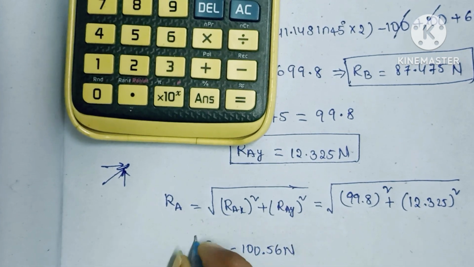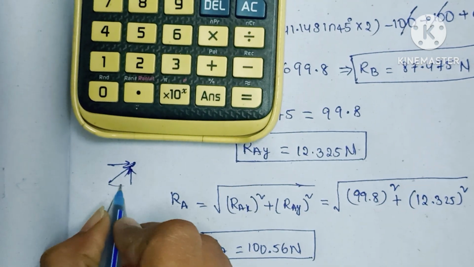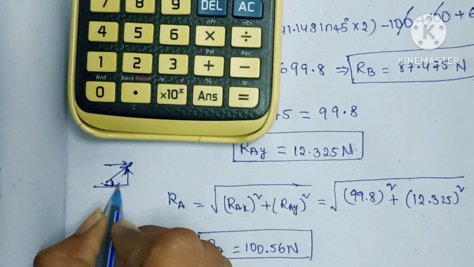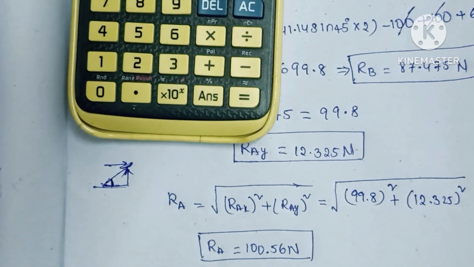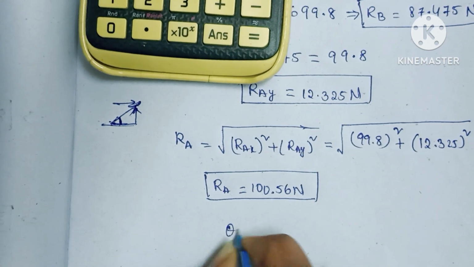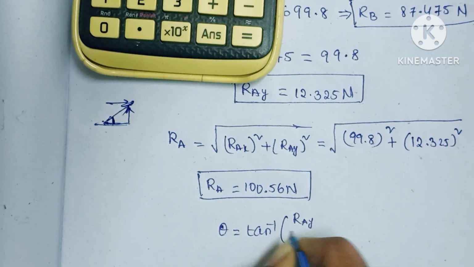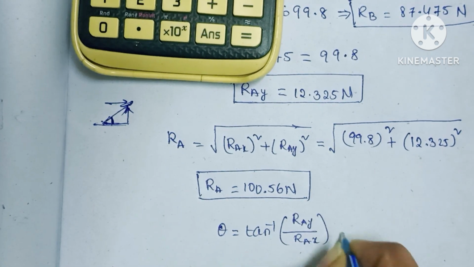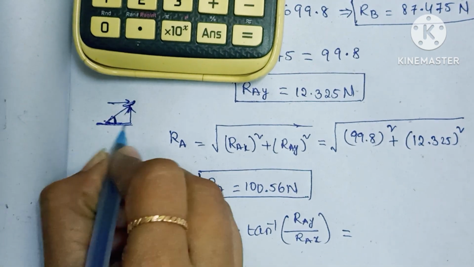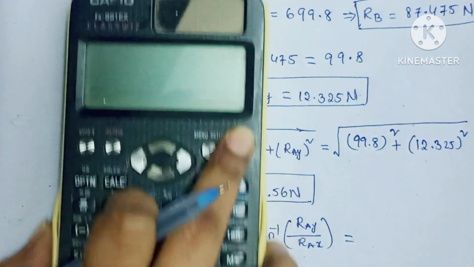So RA is equal to 100.56 newtons. So we got the reaction force at A, but we need to know the direction, at which angle it acts. For finding the direction, theta is nothing but tan inverse of RAY by RAX, which gives the angle with respect to the x-axis.